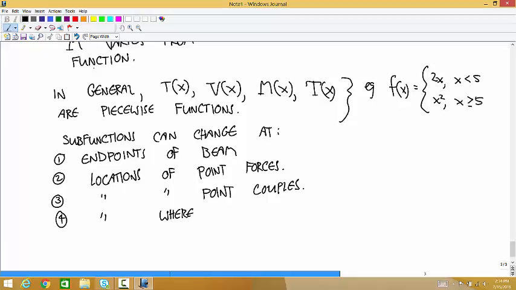We haven't talked about what distributed loads are yet, but we'll do that. So locations where distributed load functions change.